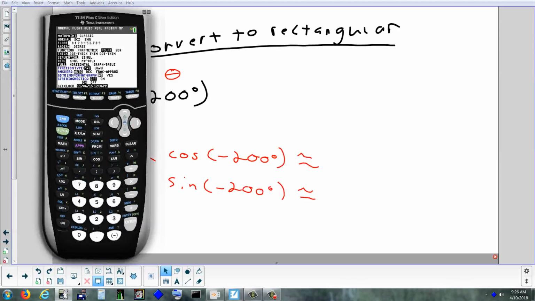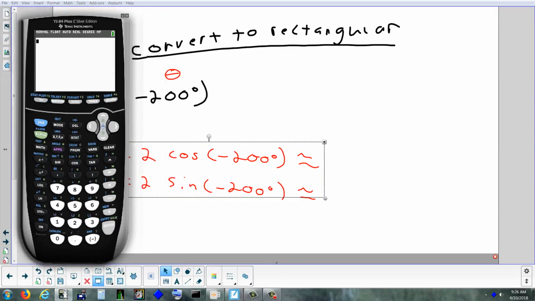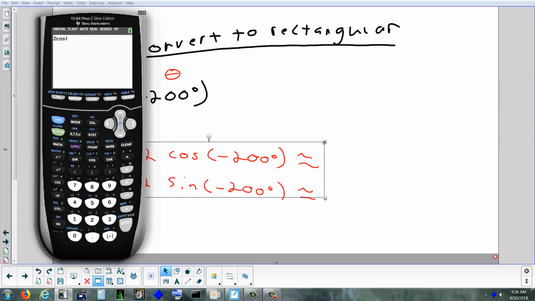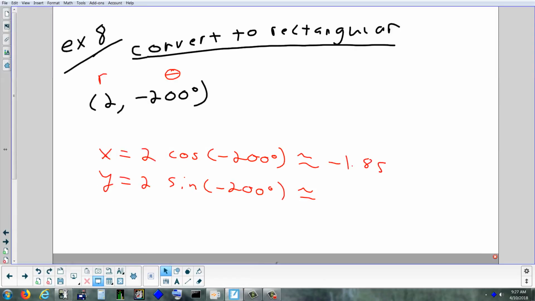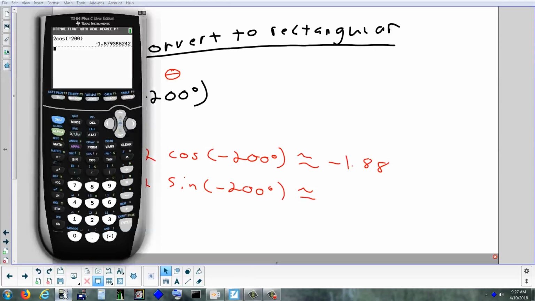One thing I want to check first is my mode, to make sure I'm in degrees. I'm not, so I'm going to fix that. Okay, I've got 2 cosine negative 200. It's not super important to close the parenthesis, since there's nothing coming after it. But we get negative 1.88. If you're graphing, you probably don't even need to be that accurate. By hand, you probably can't graph to the nearest hundredth on graph paper, but for calculation purposes, I'll go to 2 decimals.